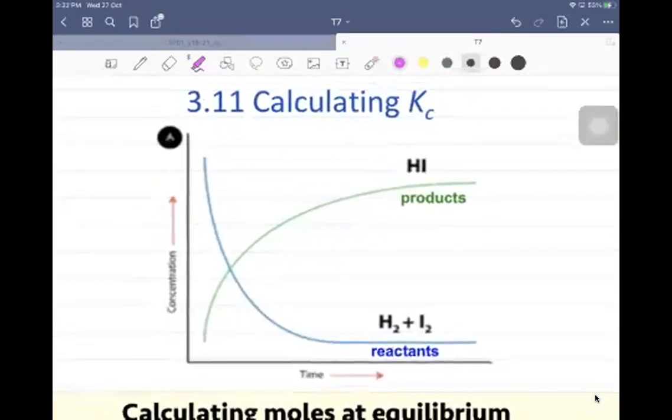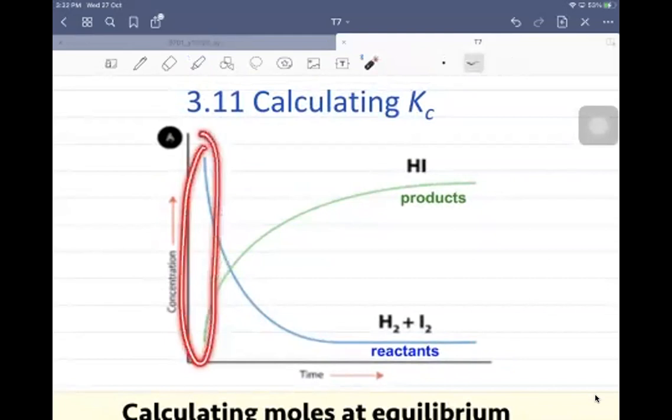It is extremely important that you use whether mole or concentration at equilibrium. This is the graph that I've shown you earlier in this topic. It's a concentration time graph of a reversible system that is going towards equilibrium. Initially, at the start of the experiment, you have probably zero product and you have some amount of reactants. If you let the reaction proceed, initially they wouldn't be in equilibrium.